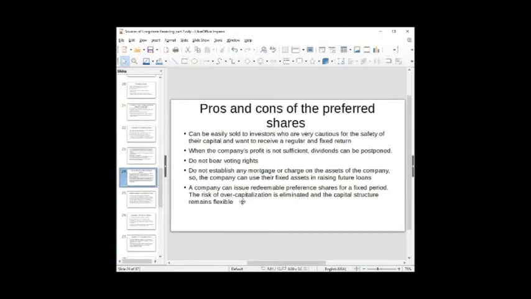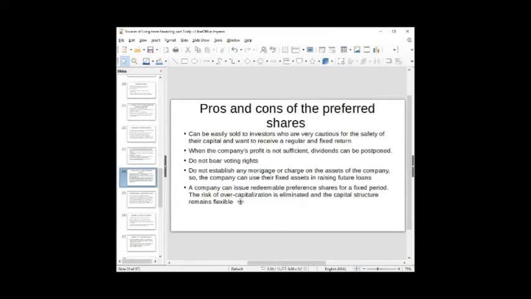So what are the pros and cons of preferred shares? Preferred shares can be easily sold to investors who are very cautious about the safety of their capital and want to receive a regular and fixed return. And when the company's profit is not sufficient, dividends can be postponed. Preferred shares have no voting rights, and they do not establish any mortgage or charge on the assets of the company, so the company can use its fixed assets in raising future loans.